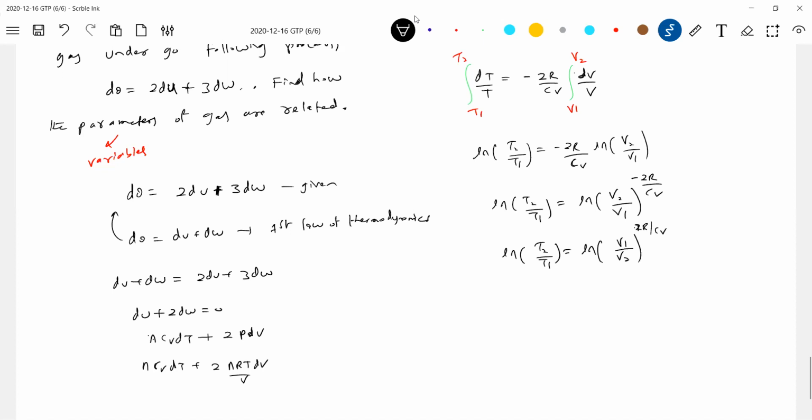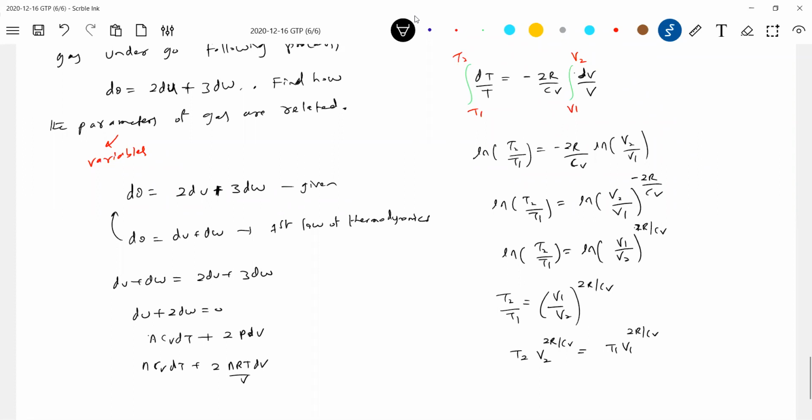Let me take the exponential on both sides, so eliminating the log, T2 by T1 is equal to V1 by V2 to the power 2R by Cv. So T2 V2 to the power 2R by Cv equals T1 V1.